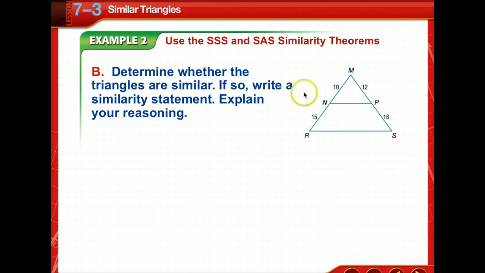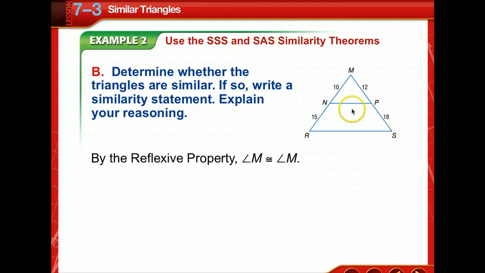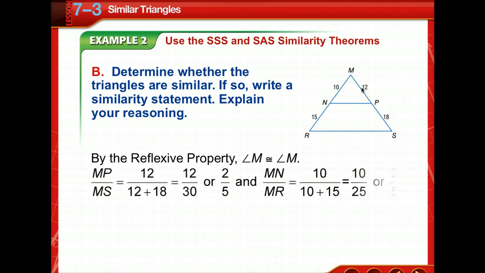Now let's determine if these two triangles are similar. Notice we've got a triangle within a triangle, so this looks a little different than what we've been used to seeing. Well, by the reflexive property, we can say that angle M is congruent to angle M. And now we want to use sides that use M as part of their measurement.